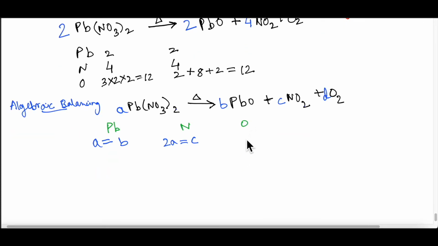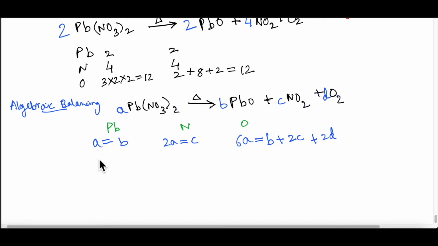For this oxygen atom we have 3 times 2, that is 6A, is equal to 1 times B plus 2 times C plus 2 times D.